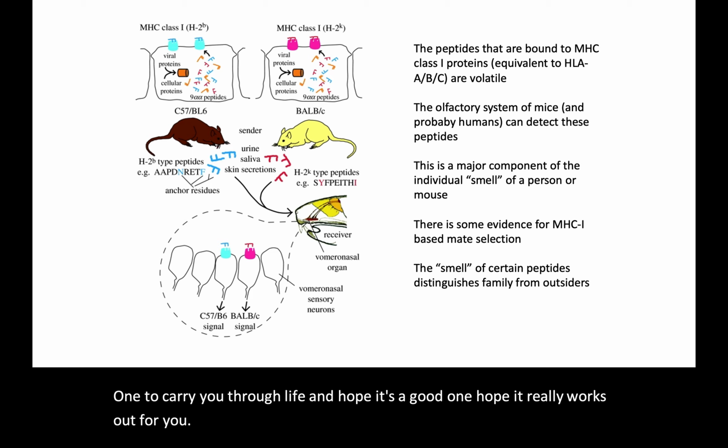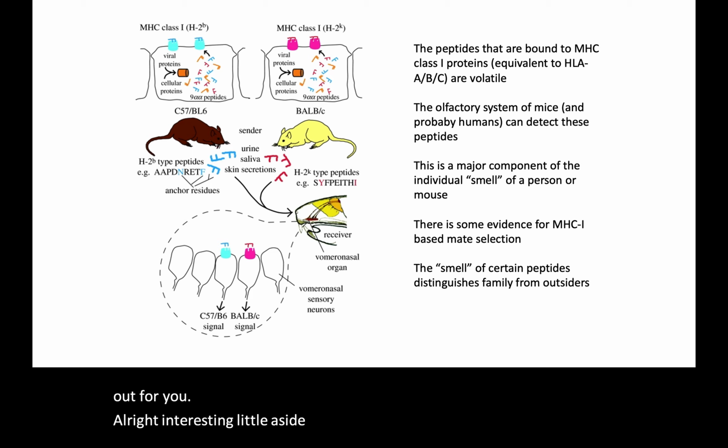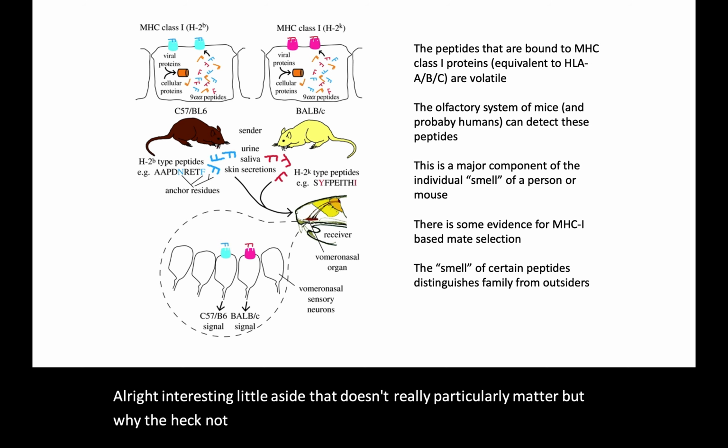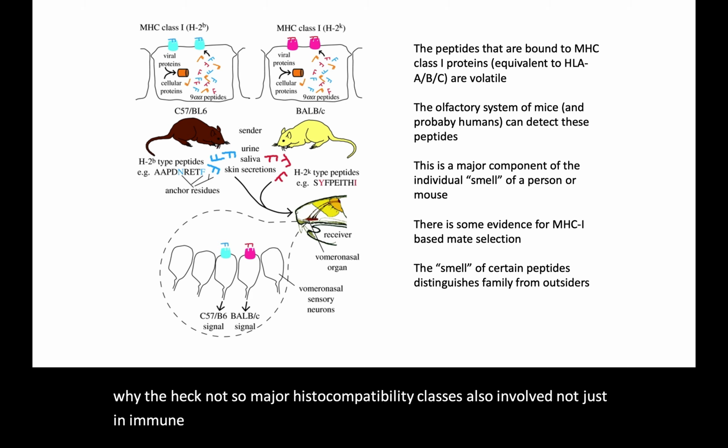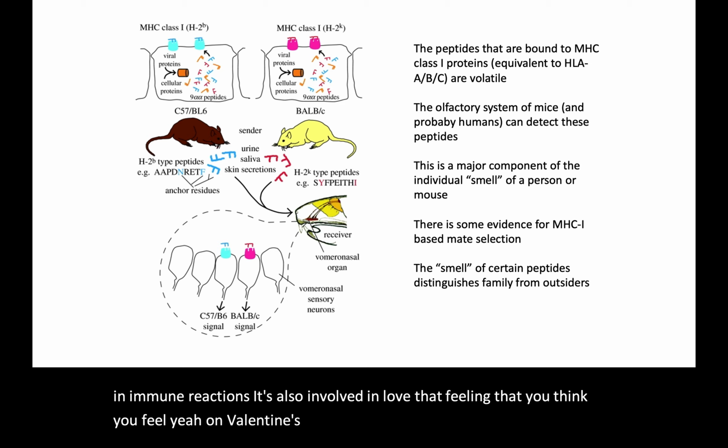All right, interesting little aside that doesn't really particularly matter, but why the heck not? So, major histocompatibility class is also involved not just in immune reactions, it's also involved in love. That feeling that you think you feel on Valentine's Day or whatever, partially driven by MHC class 1. Here's how.